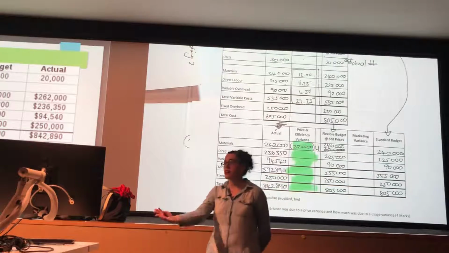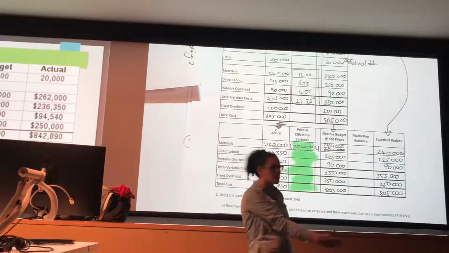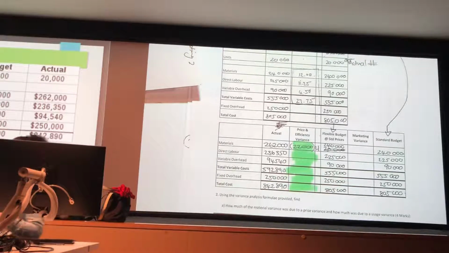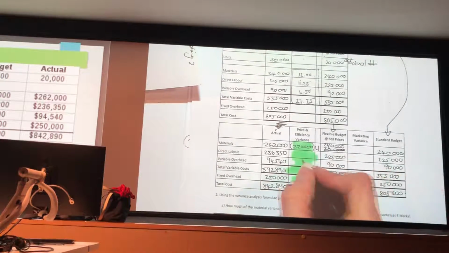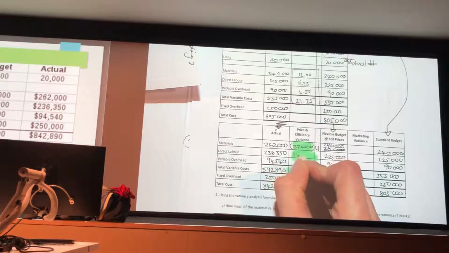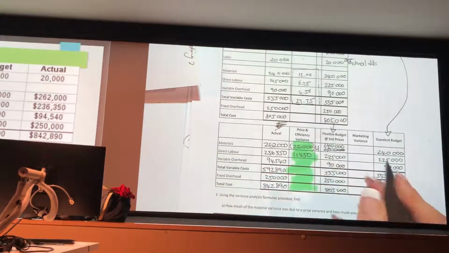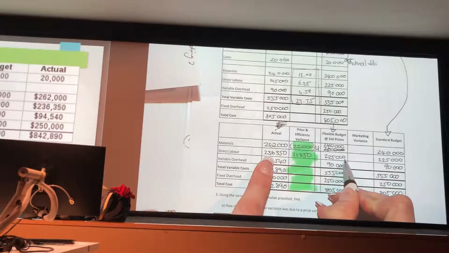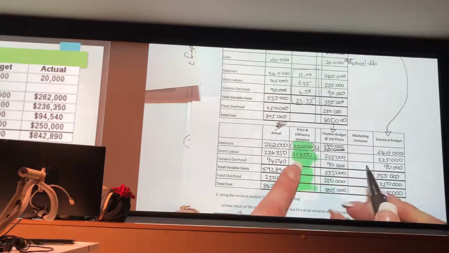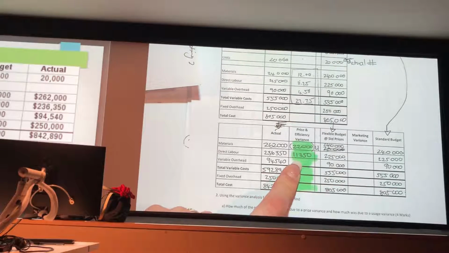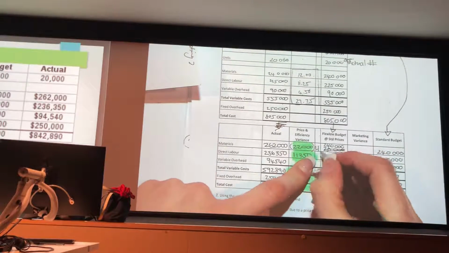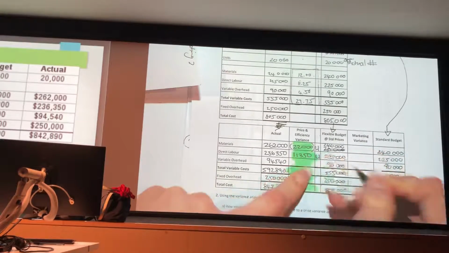With a variance analysis, U, unfavorable, signals negative, and F signals positive, favorable. So the way this would be denoted in an appropriate manner would be 225,000 minus 236,350 would give me minus 11,350. I just write down 11,350 and note it as unfavorable.